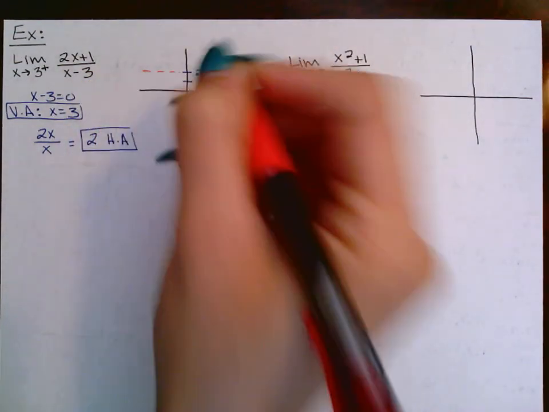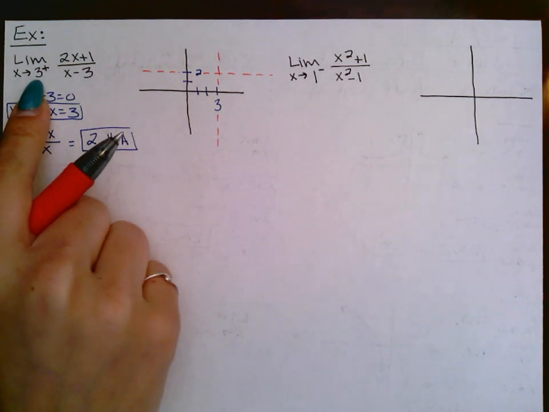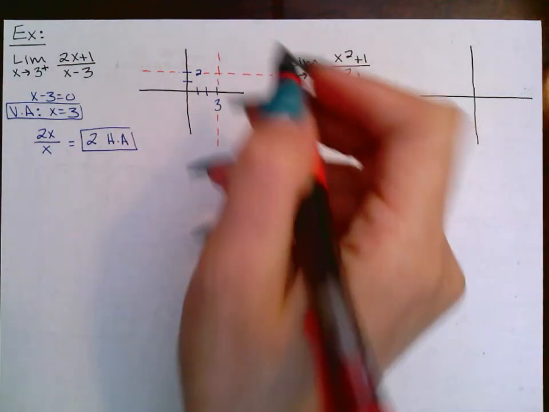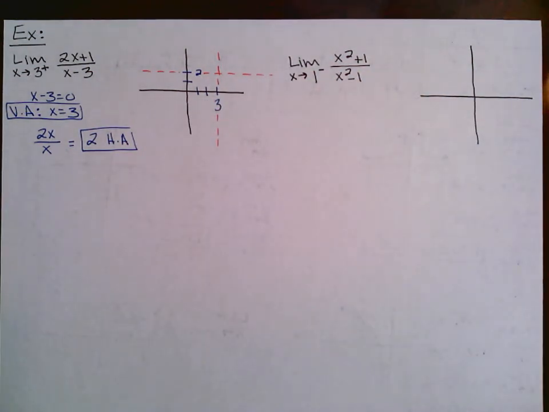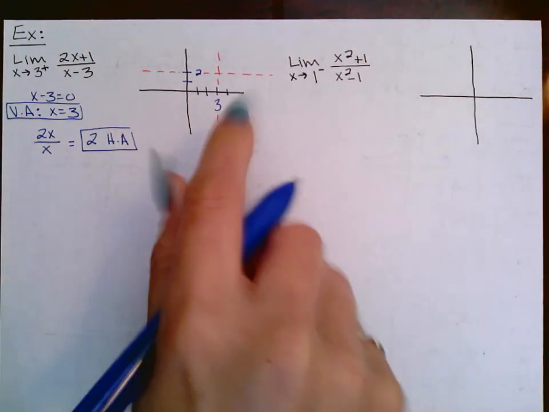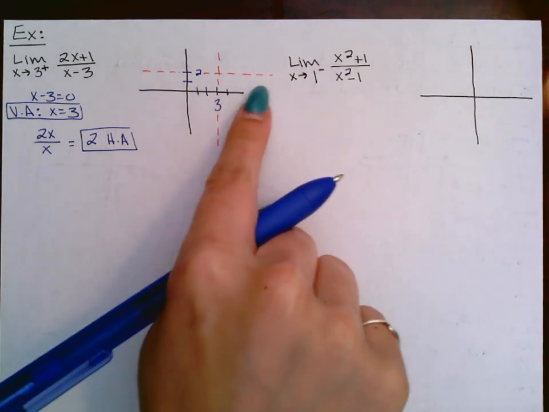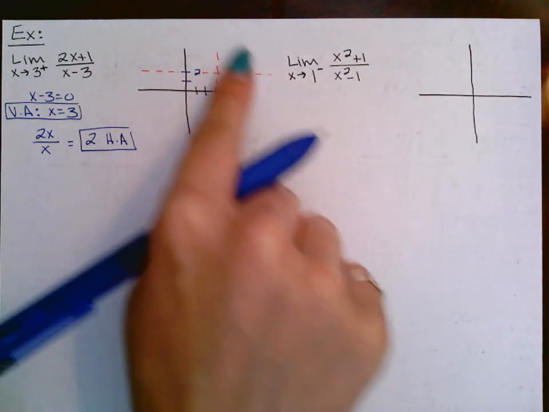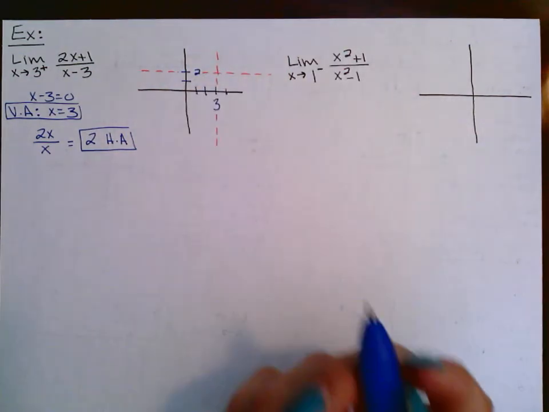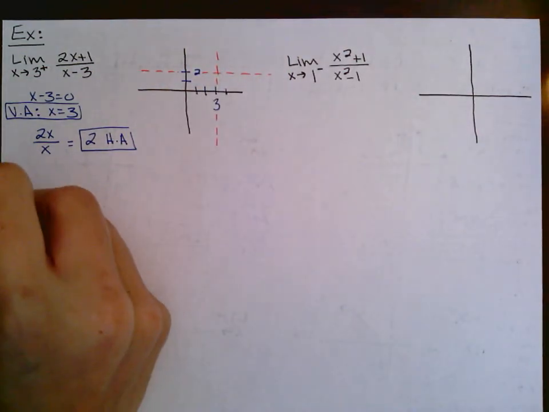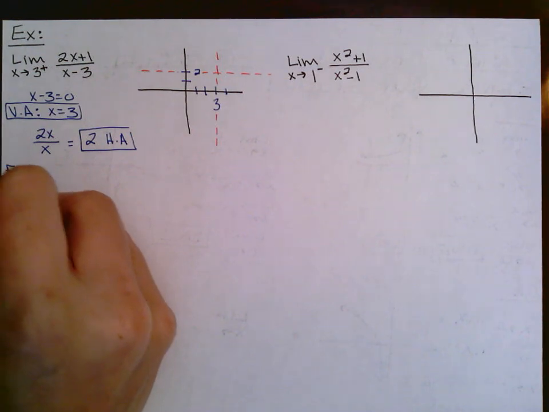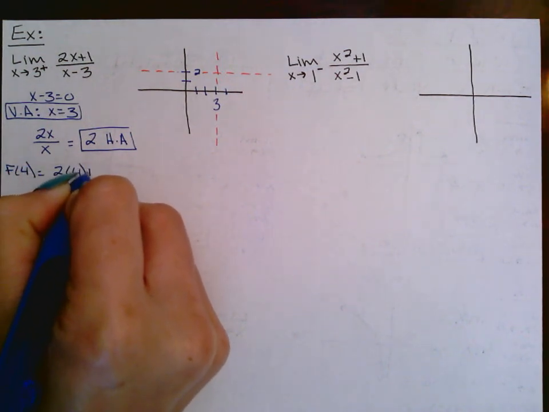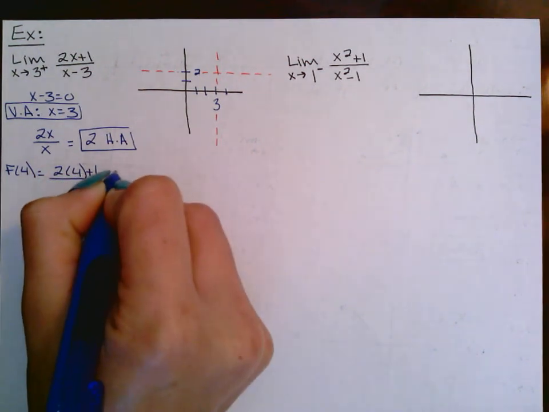Now, the limit says to only look at 3 from the right-hand side, so I really only care what's happening over here. In order to understand what's happening there, it'd be easy to plug in one simple point after 3 to see whether the function is an elbow down here, shooting down to negative infinity, or an elbow up here, shooting up to positive infinity. So just plug in 4, and I get 2 times 4 plus 1 in my numerator, which is going to be 9.